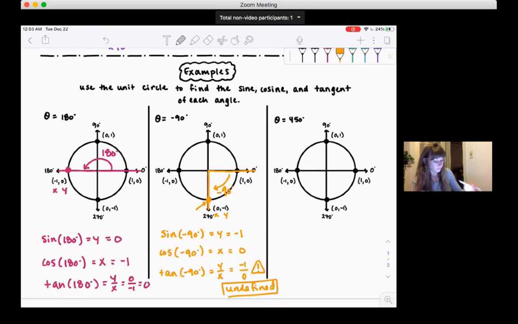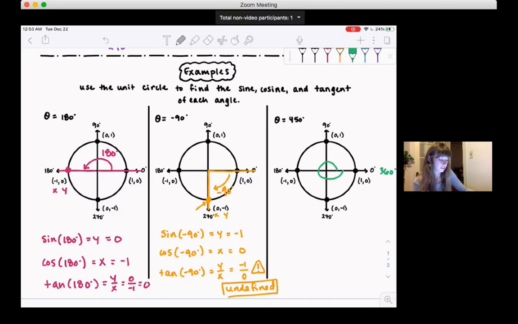All right, let's do one more. So we've seen just a normal angle, we've seen a negative angle, now let's do an angle that's more than 360 degrees. So 450. We know we start here at 0. If we go all the way around the circle once, that would be 360 degrees, right?